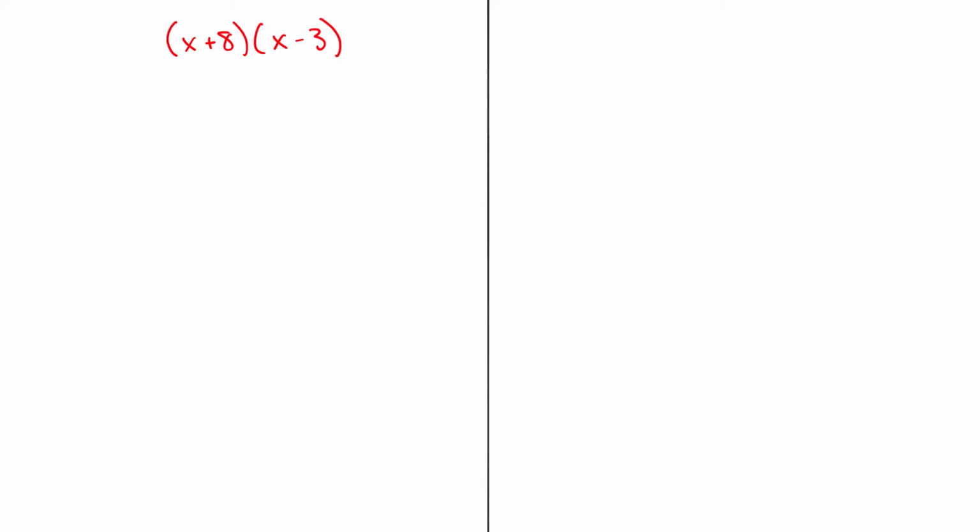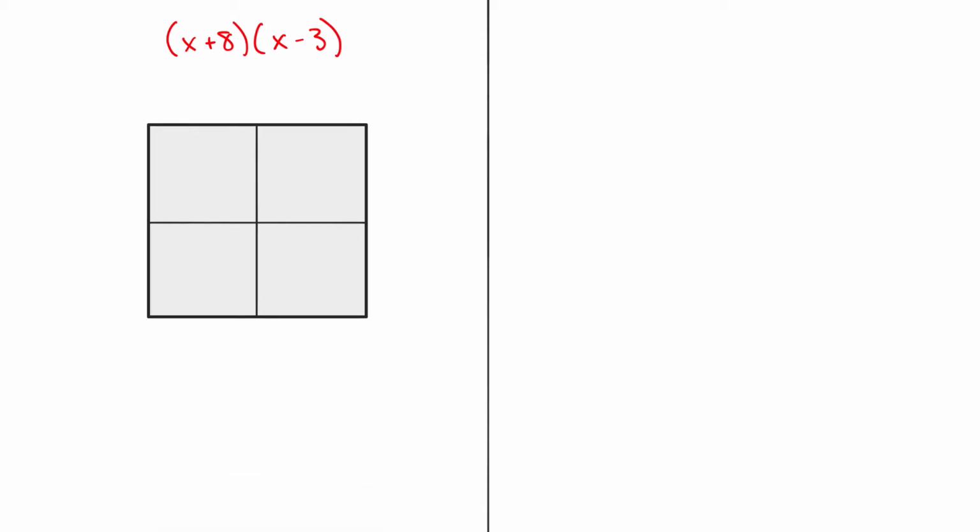All right. Quick review, recap of what we just got done doing. We would have a binomial times a binomial, x plus 8 times x minus 3. We would draw an area model and fill out the outside with x plus 8 and x minus 3. And then we'd multiply to get the interior areas. X times x is x squared. X times 8 is 8x.